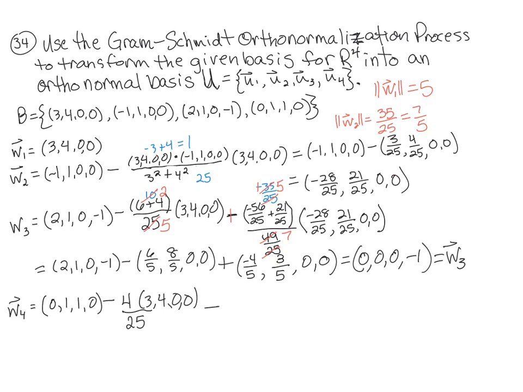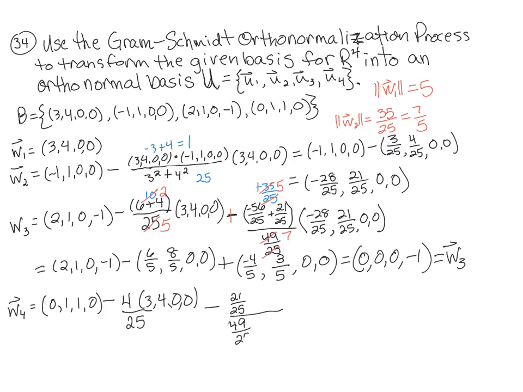So I get 1 times 21 over 25 divided by the magnitude of this vector. Where is it? This vector right here. And we found that to be 7/5. So the magnitude squared is 49 over 25.